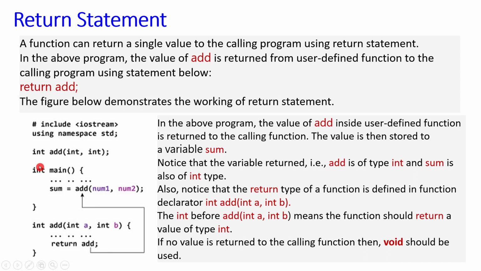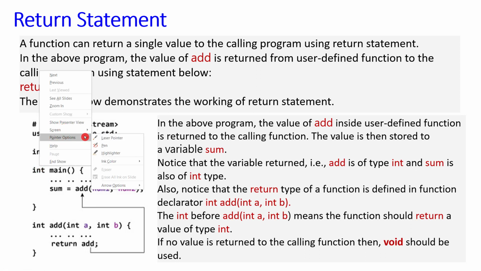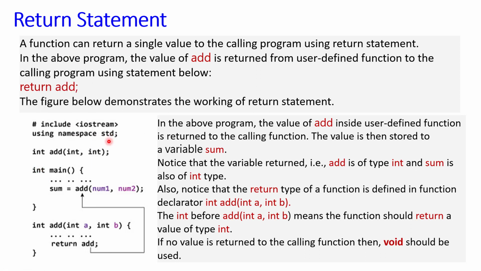So you have the main function here, and you have the sub function here. This statement tells that the value which is processed in the sub function will return to the main function, as is shown in this arrow mark.